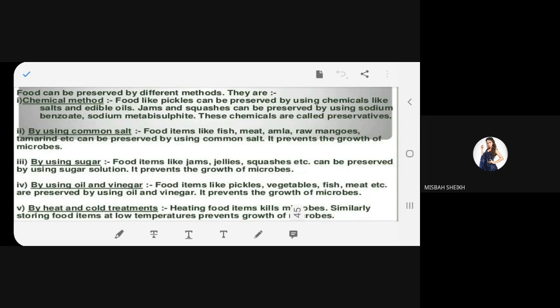Squashes are thick juices. How do we preserve them? We add sodium benzoate or sodium metabisulfite, and so it stays with us for pretty long. These chemicals are called preservatives. So it stays with us for long. It does not go bad.